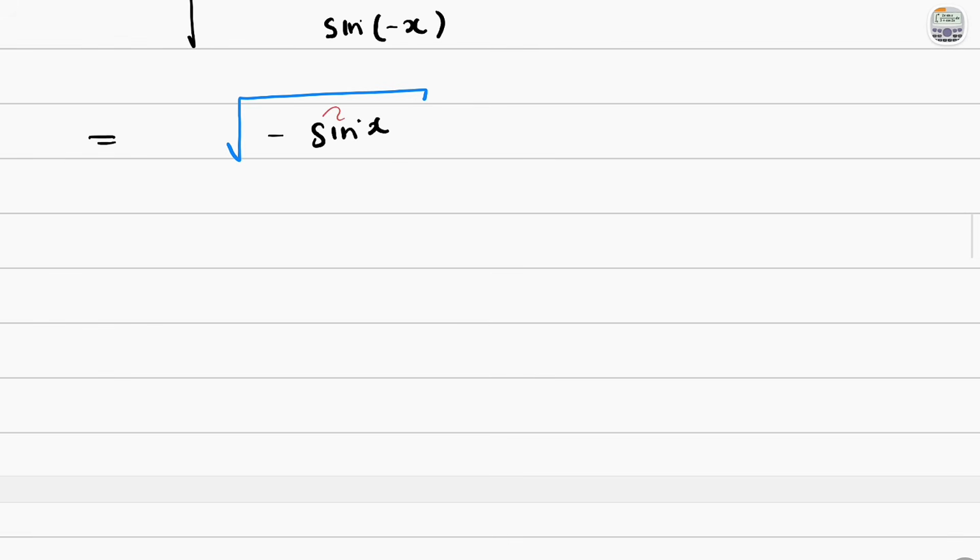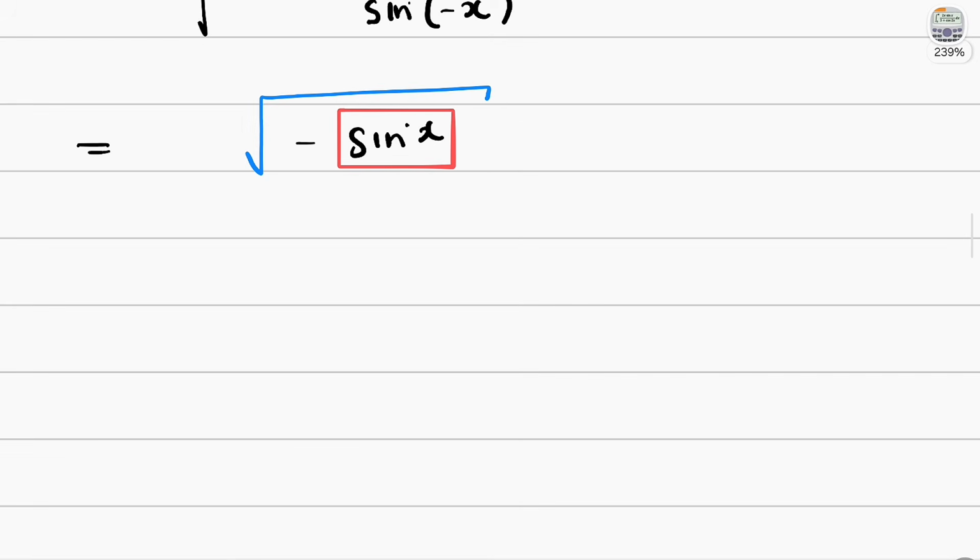As long as sine x ends up being a negative value, then negative multiplied by this negative gives you a positive. So what is under the square root, what is under the radical, must stay positive.